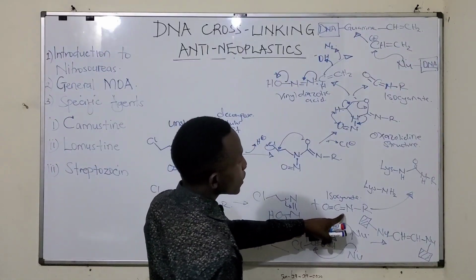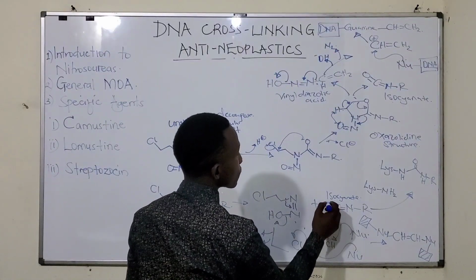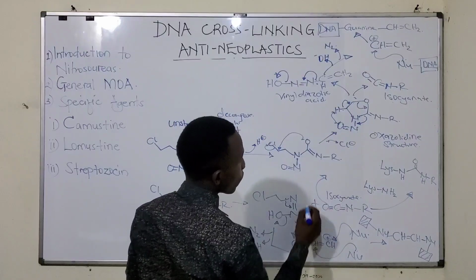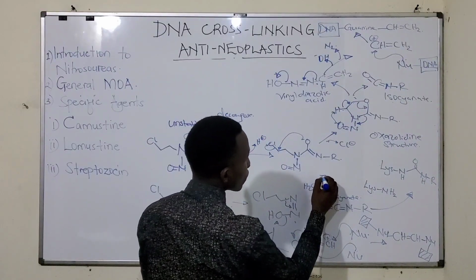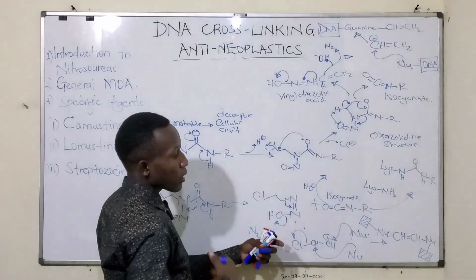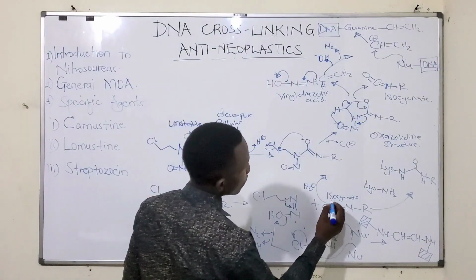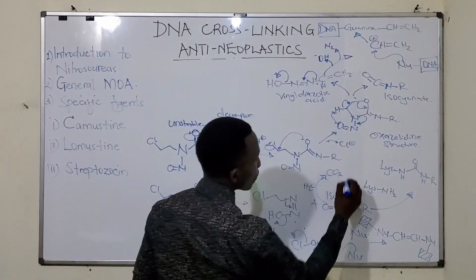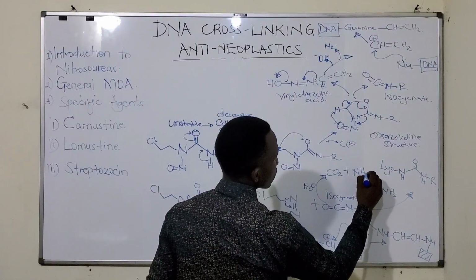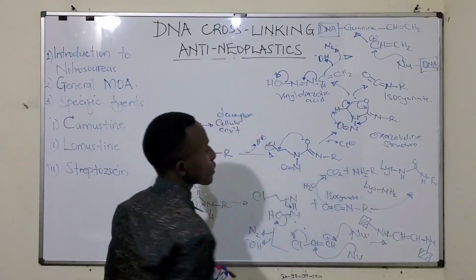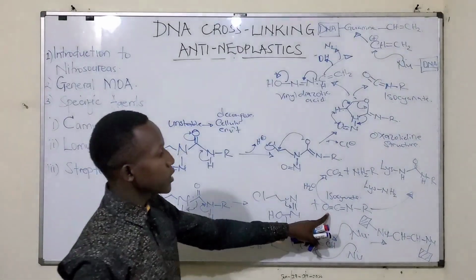Also, this isocyanate can just decompose in presence of water. If you add water, of course, in the body, we may have formation of carbon dioxide plus NH2 with R from isocyanate.